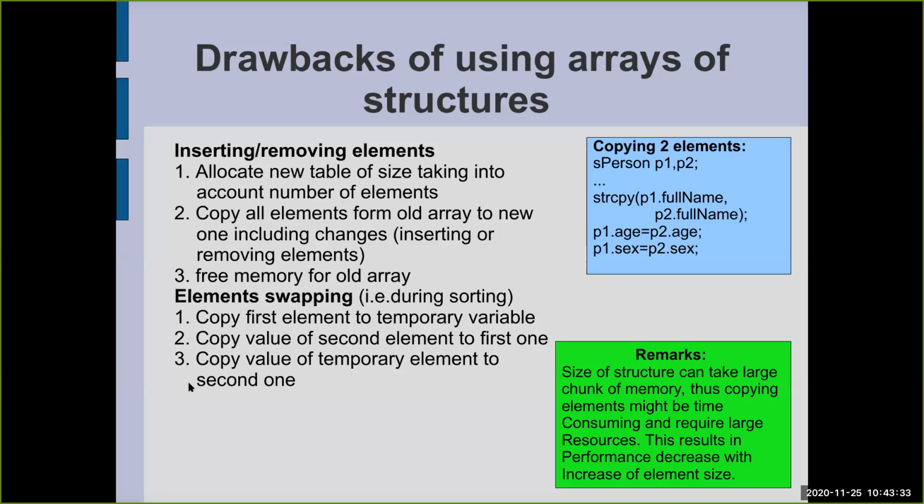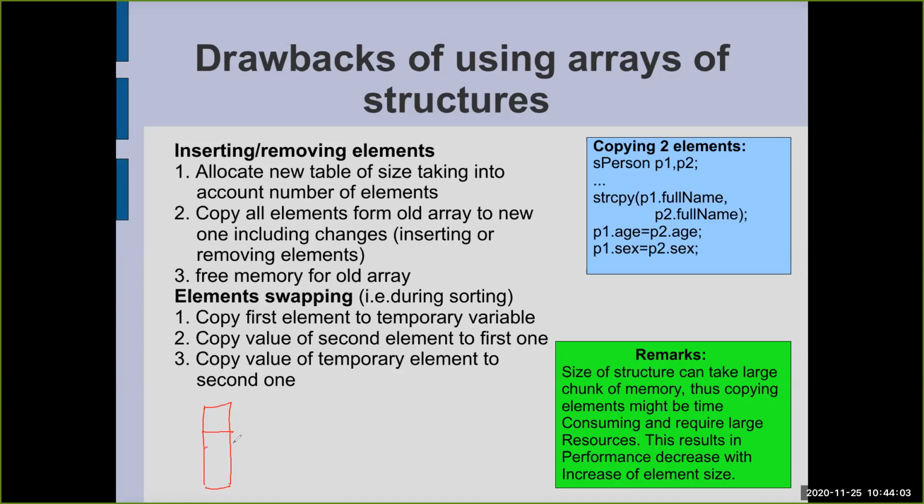Okay, the third case is related to elements swapping. I showed you how to sort elements in an array, and you should remember that sorting consists of a number of swapping operations.